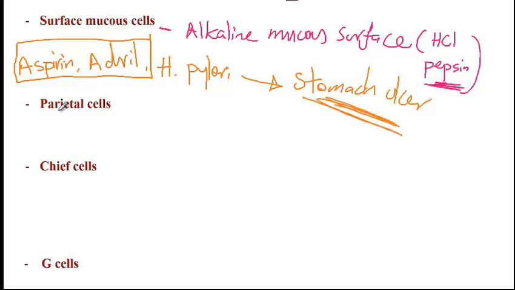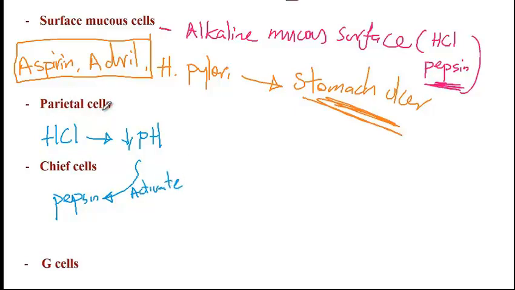The next cells that we have are the parietal cells, the function of which is to produce hydrochloric acid. This hydrochloric acid will decrease the stomach pH, and once the stomach pH is low, it will help activate pepsin, which is produced by the chief cells.